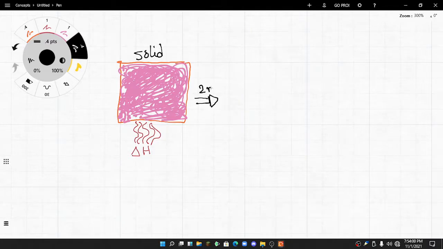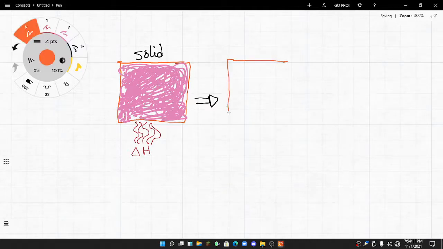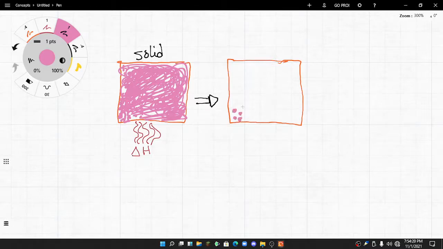Let's say a minute later. We see that the particles are spreading apart like this. They are not closely intertwined anymore. They're far apart from each other now.